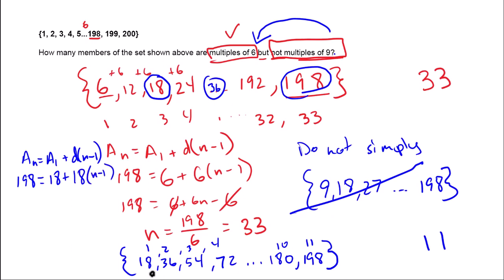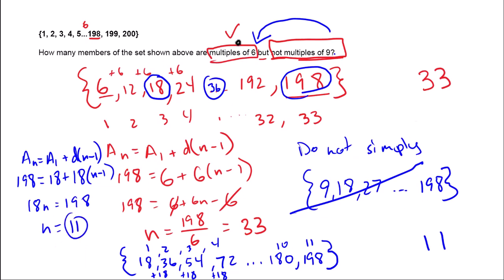Note each term adds 18 to get to the next term all the way through. That's your common difference. Okay, so I'm going to get 18 minus 18 when I multiply that out. So 18n equals 198. Divide through by 18, you get 11. Again, the same answer we get over here.